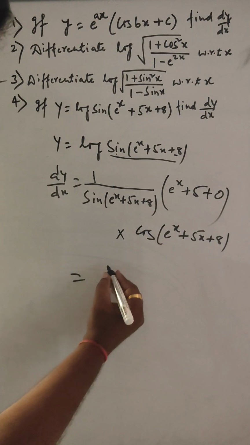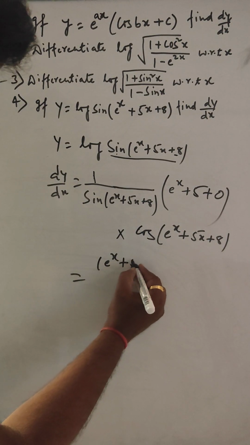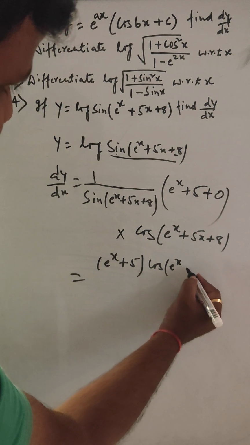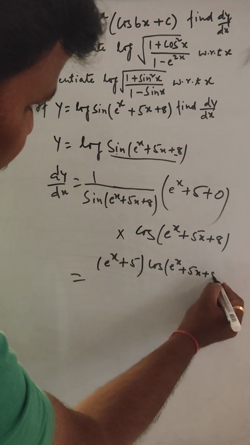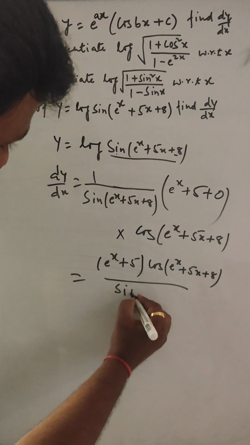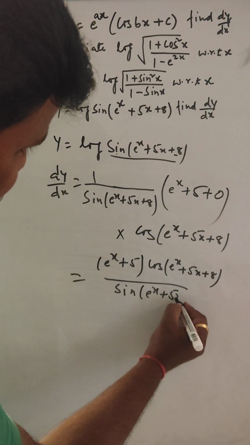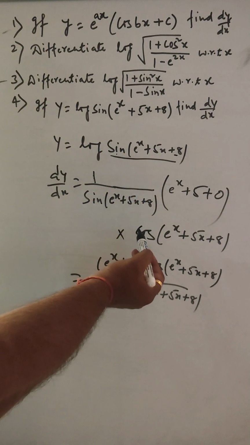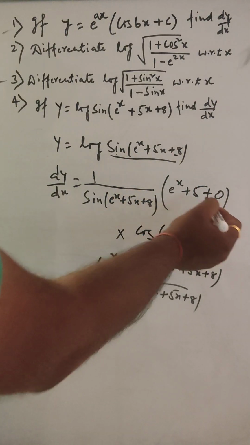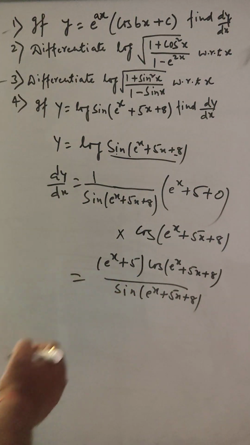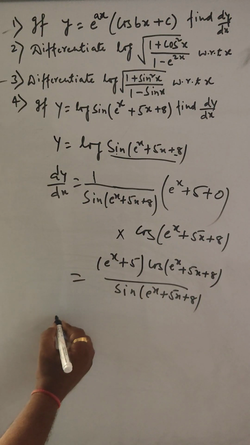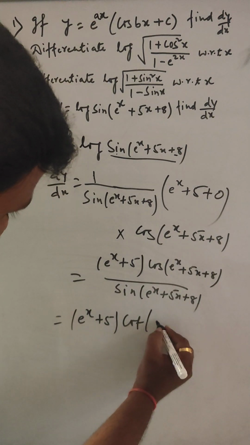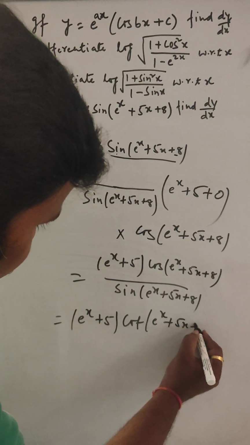So differentiation of log, differentiation of sin and differentiation of the inside, correct? So cos by sin becomes cot. Then the answer is (e^x + 5) cot(e^x + 5x + 8).